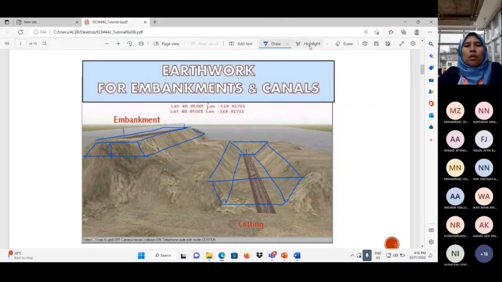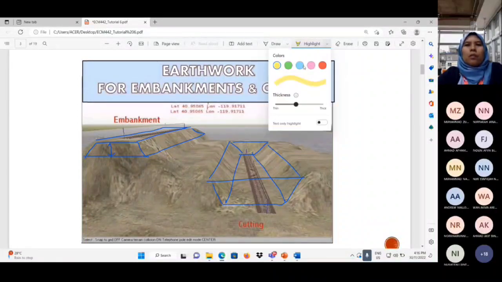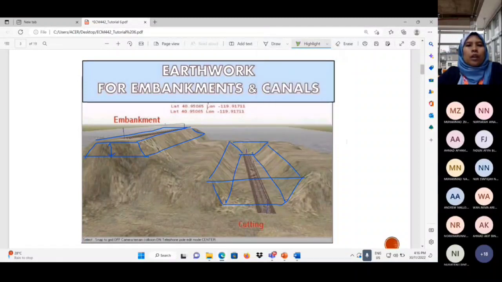So when we talk about cross-section method, this is the cross-section yang kita akan tengok, the cross-section of the trapezoid. Basically bentuk yang terlibat dalam embankment preparation and also canal preparation is the trapezoid. So this is the surface area of the embankment and also the surface area of the canal.